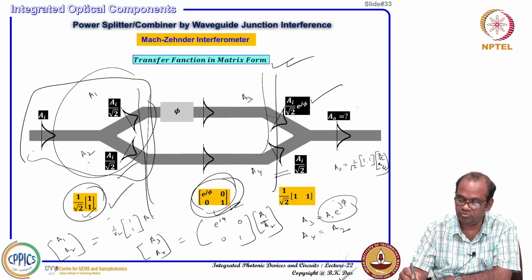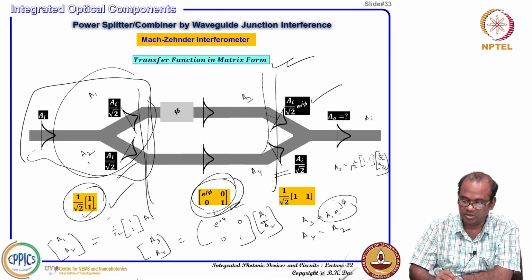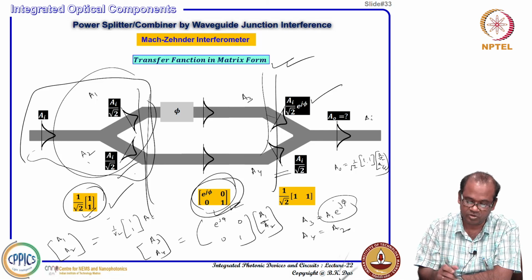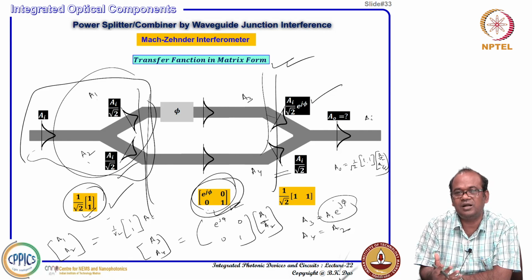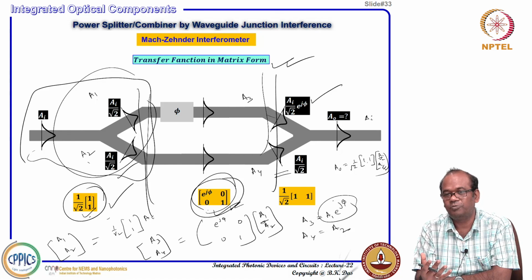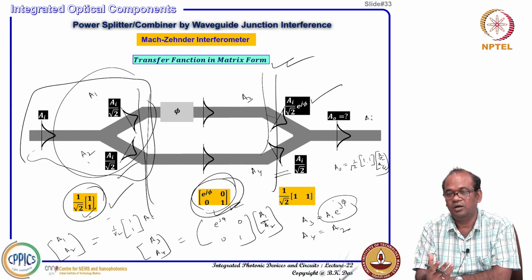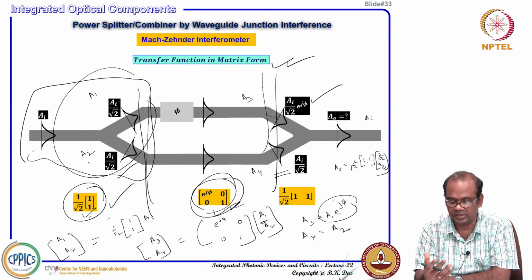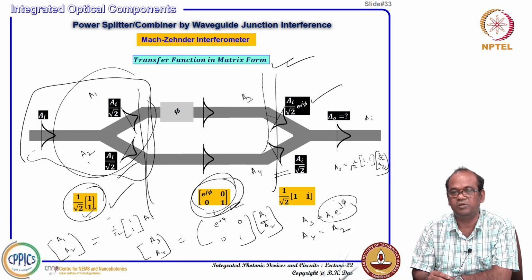So you can represent a Mach-Zehnder interferometer in terms of matrices also. Ultimately this matrix will be very, very important when you use it for large scale circuits, for example quantum photonic circuits, as well as programmable photonic integrated circuits.